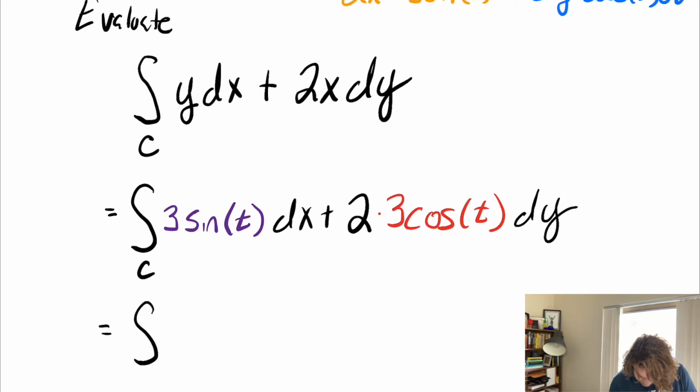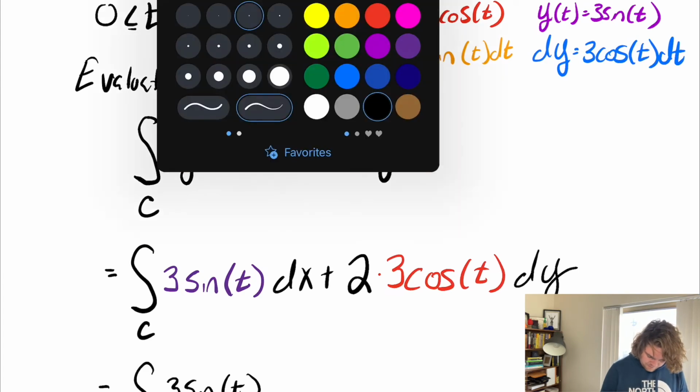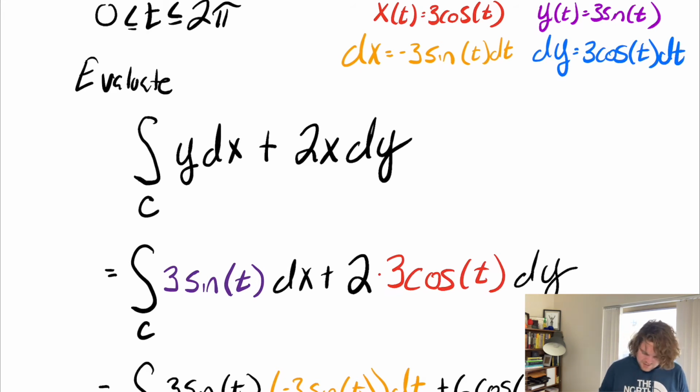And we still have the integral over a curve. 3 sine of t comes along for the ride, but we're replacing dx with a -3 sine of t dt. And we still have our +6 cosine of t, but now we're replacing our dy with a 3 cosine of t dt.